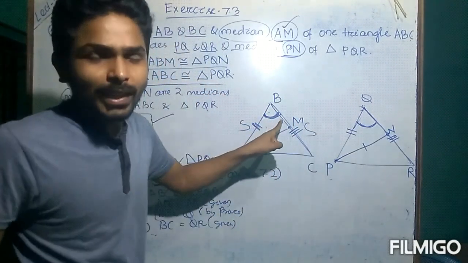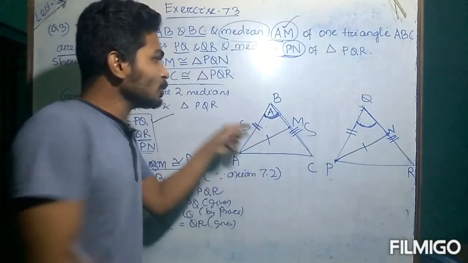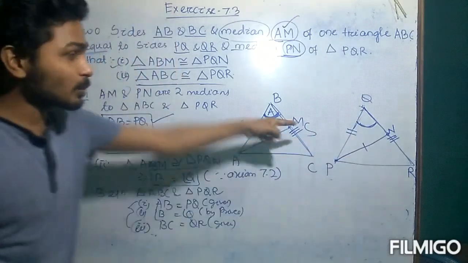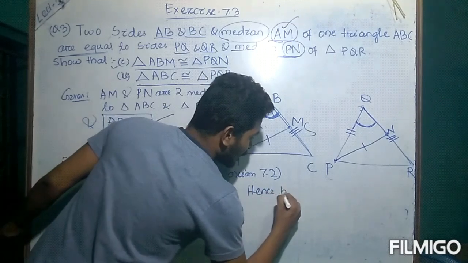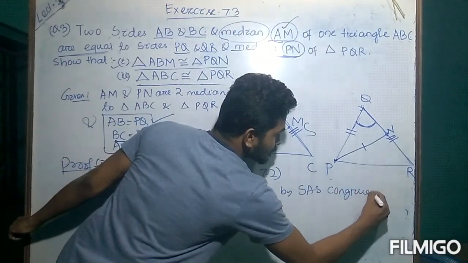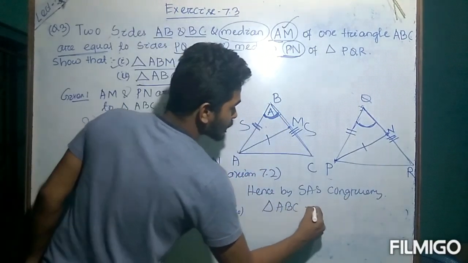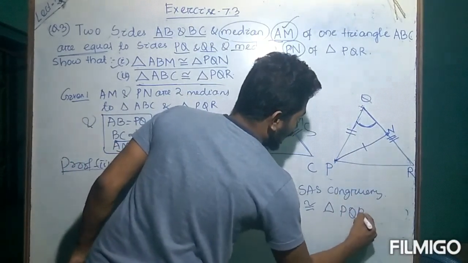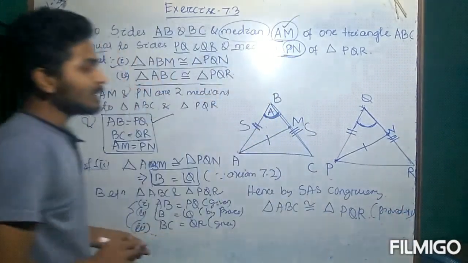Now is this angle the included angle or not? Yes, it is the included angle because it lies between the two sides. So by SAS congruency, these two triangles must be congruent. Hence, by SAS congruency, we can write this triangle ABC is congruent to which triangle? PQR. This is the proof for the statement 2. Okay, now this is done.